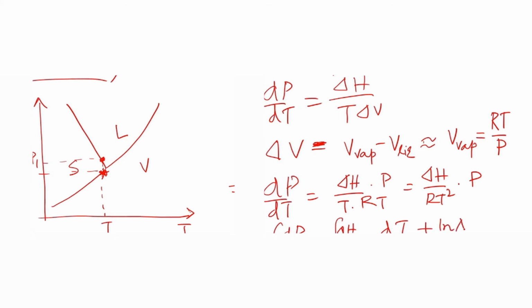Let us write log of A, because dP by P will come as a log. So, ln P is nothing but minus delta H by R T plus log of A. So, now if you consider P, P is nothing but A exponential minus delta H V, I think we should write delta H V here, this is V, vaporization, by R T. That is nothing but exponential curve, and that is what you see there.